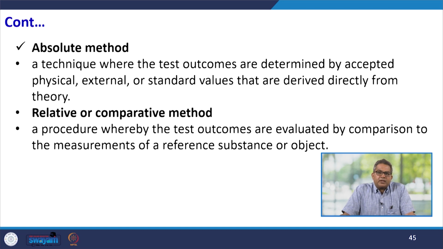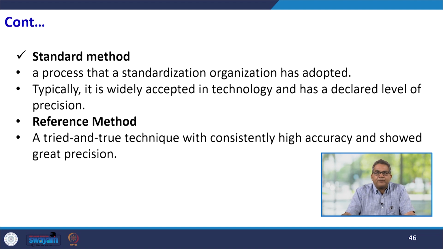The absolute method, a technique where the test outcomes are determined by the accepted physical, external or standard values that are derived directly from the theory. The relative or comparative method, a procedure whereby the test outcomes are evaluated by comparison to the measurement of a reference substance or object.